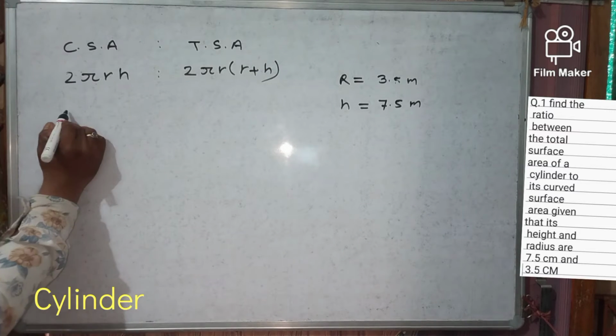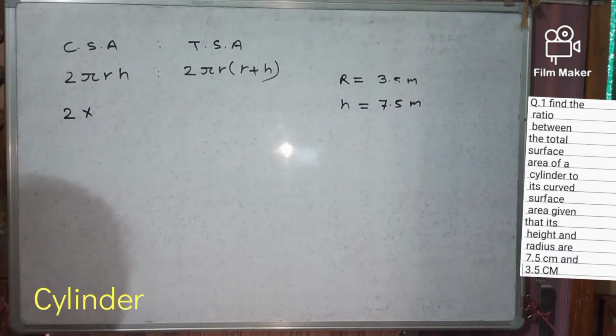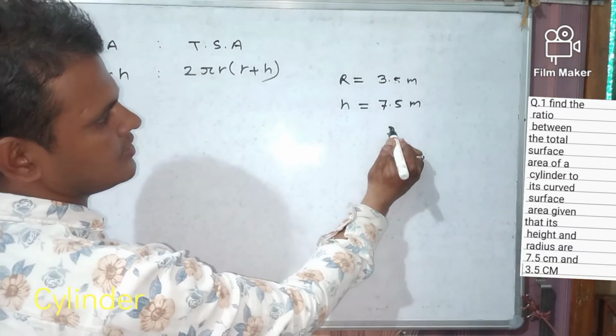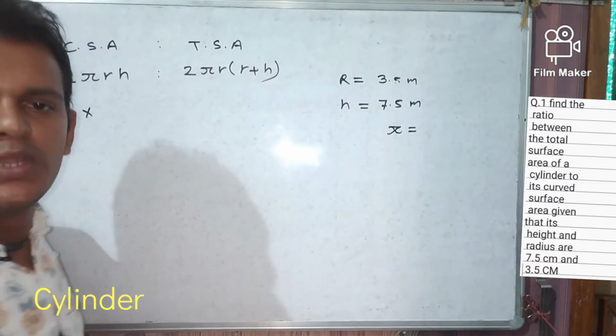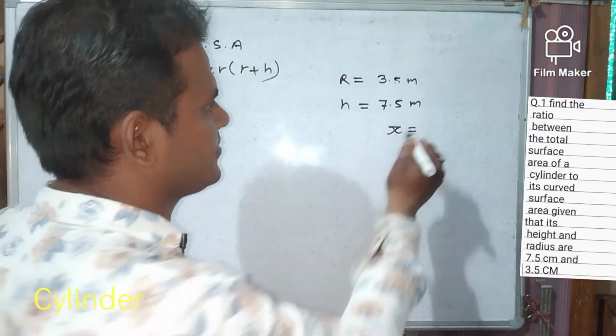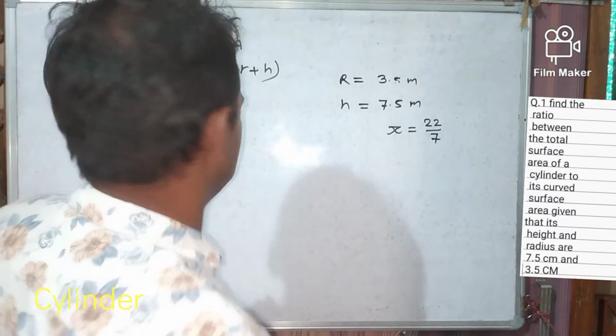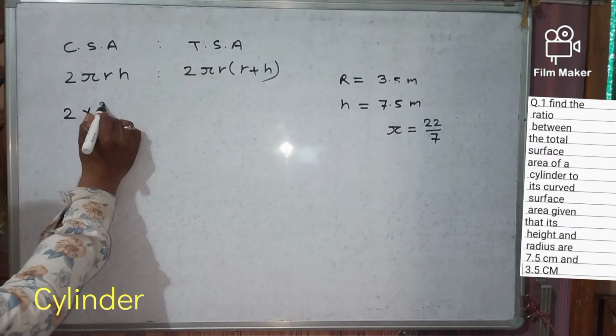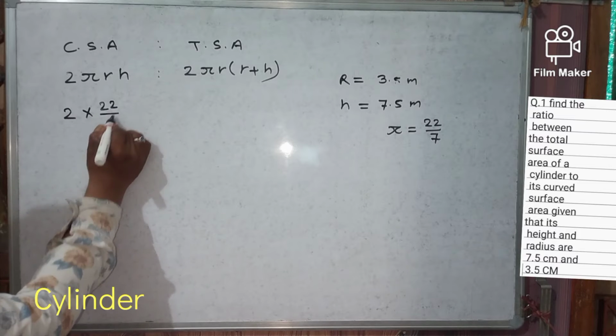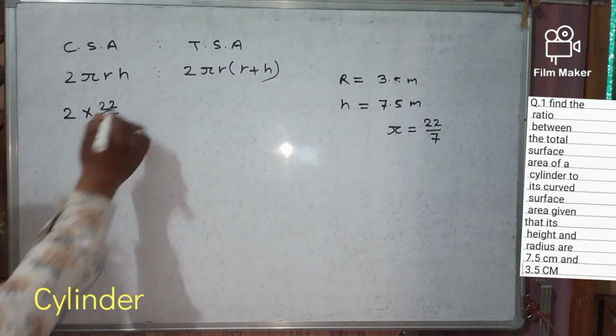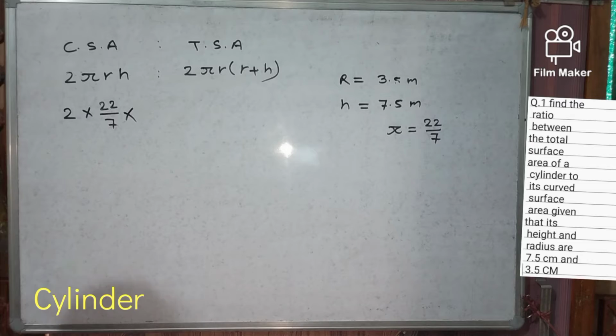So now see here, pi is equal to 22 by 7. So 22 by 7 into radius.